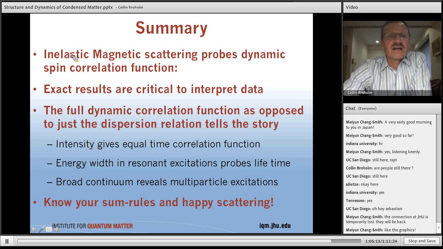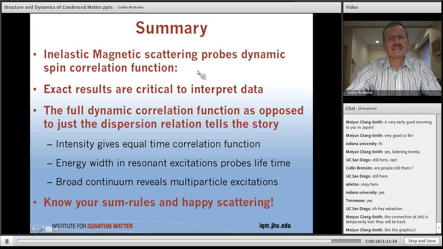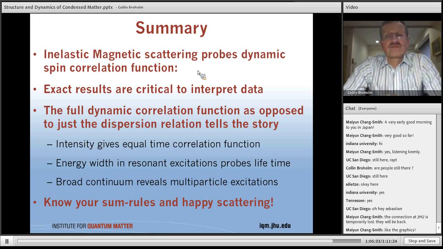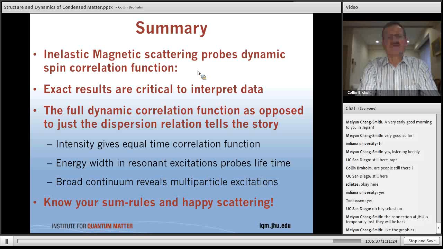So first, I'd say that inelastic magnetic scattering probes dynamic spin correlations. And of course we discussed that through this dynamic two-point correlation function that you saw on the first slide. The exact results that I reviewed in this presentation are very important for you to keep in mind, both as you plan experiments, as you conduct experiments, and as you interpret and analyze data afterwards, because those are really crutches that don't break, if you will.